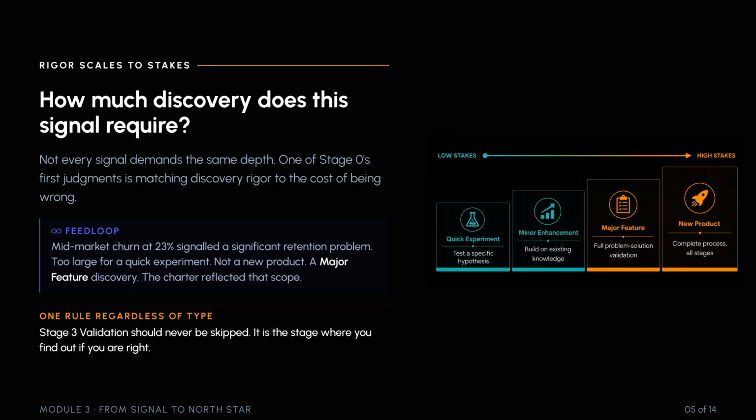The depth should match the cost of being wrong. FeedLoop's churn signal, mid-market customers leaving at 23%, pointed to a significant problem affecting real retention. A quick experiment would not answer it. A new product was not warranted. This was a major feature discovery. That determination shaped everything that followed: the charter, the research plan, the gates.